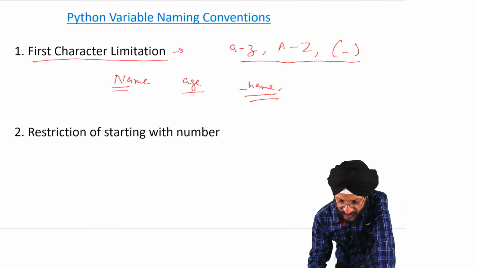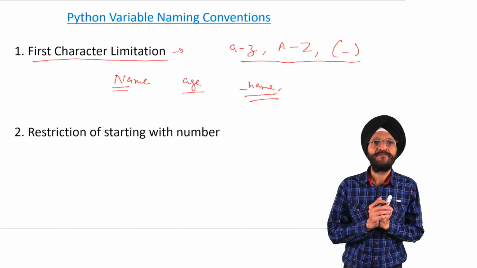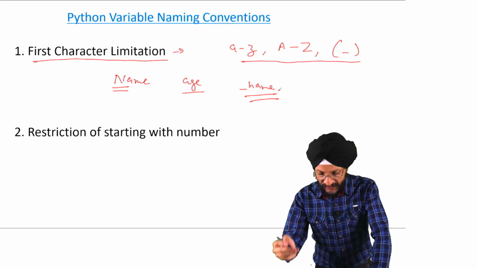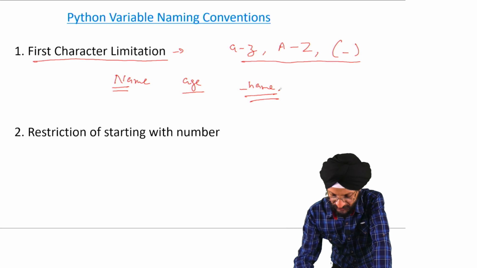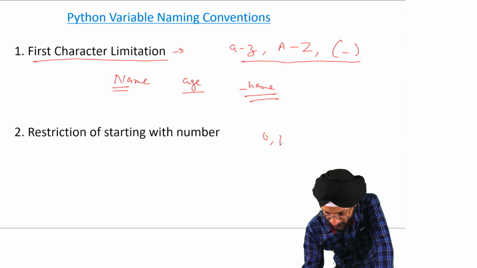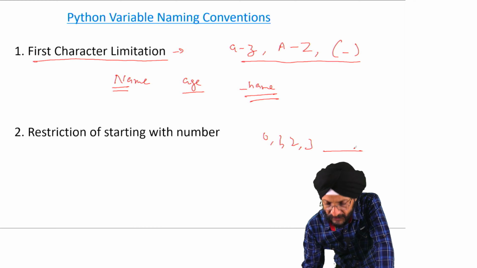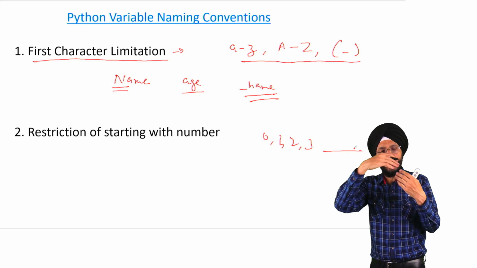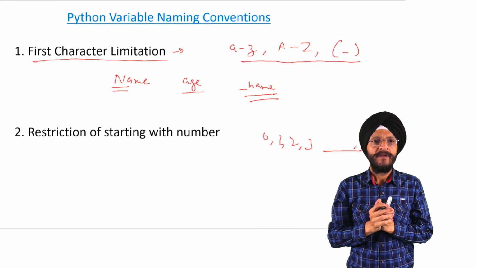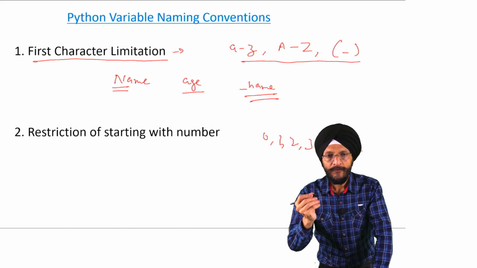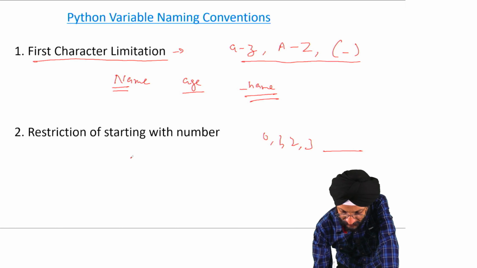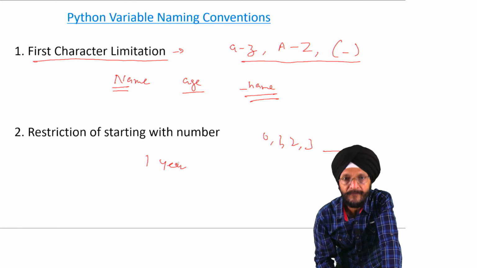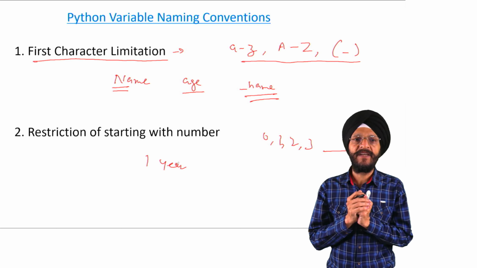Next is the restriction of starting with a number. We cannot start a variable name with a number. Number means digits such as 0, 1, 2, 3, 4, 5, 6, 7, 8, 9, anything. We cannot start with them. For example, if we write 1year, it is an invalid variable name.